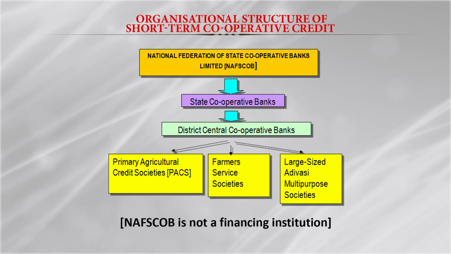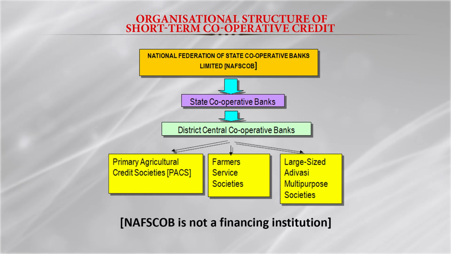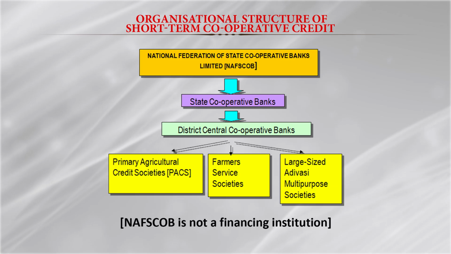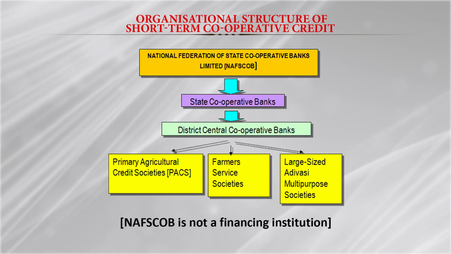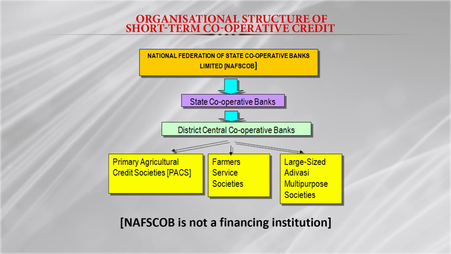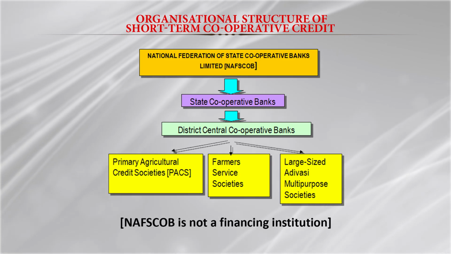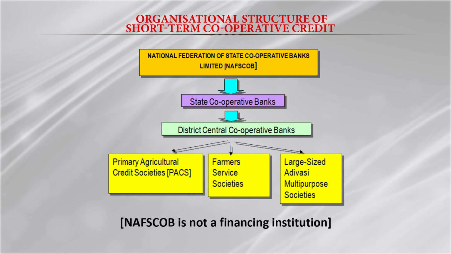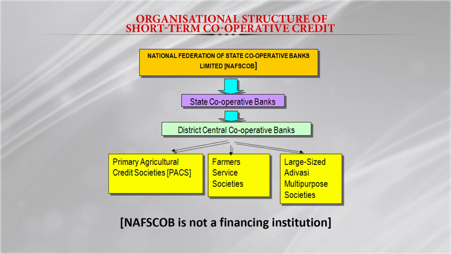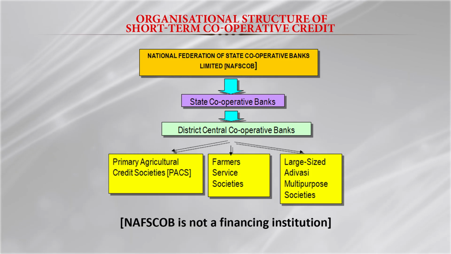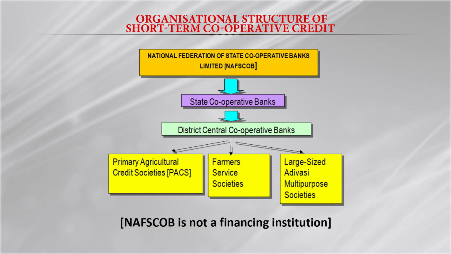And the National Federation is basically not a bank, not a financing institution. They are the organization which promotes the concept and coordinates the activity of the state cooperative banks. They do not conduct transactions directly, but they support, coordinate, and promote the activity of state cooperative banks.